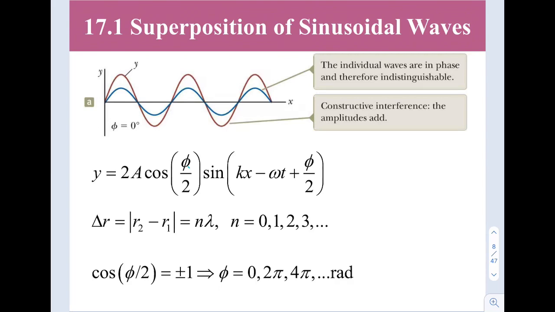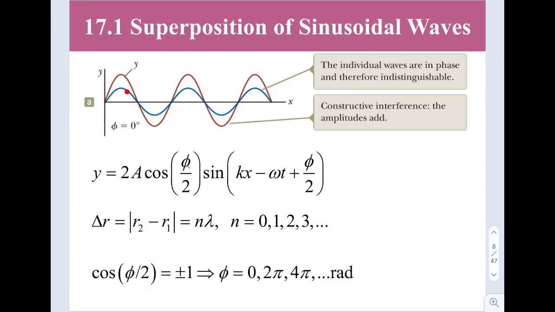So if we refer to this diagram, the blue line here is representing two waves actually. The individual waves are in phase, y1 and y2 are in phase, and therefore indistinguishable. That's why it seems like only one is overlapping here.